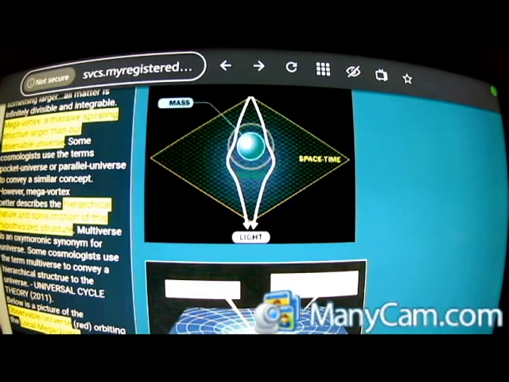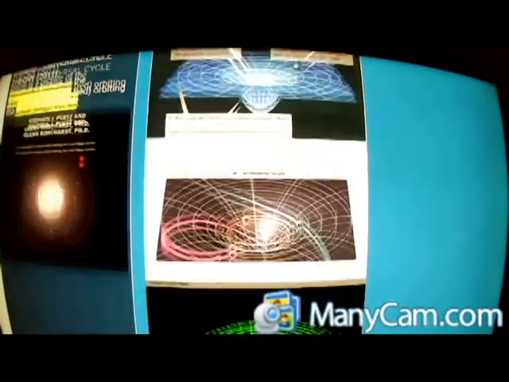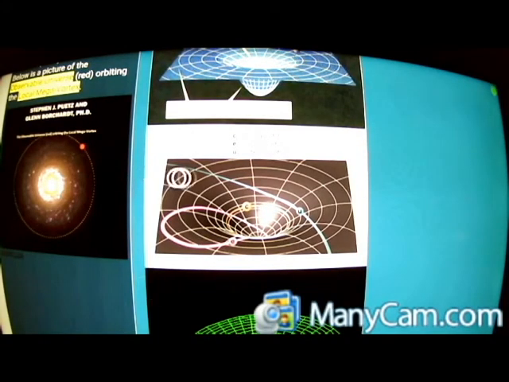And right here, in this image, you have C, E, and U. C equals circular orbit, E equals elliptical orbit, U equals unbound orbit. So right there, C, you have the circular orbit. E is the elliptical orbit, and U is the unbound orbit.